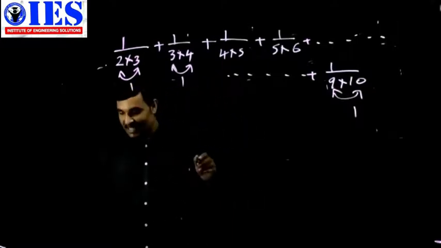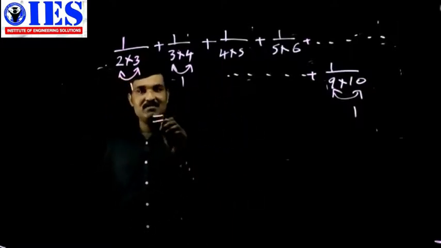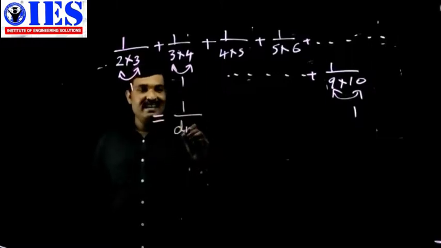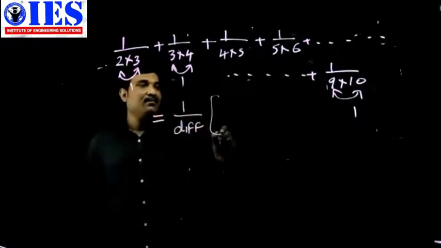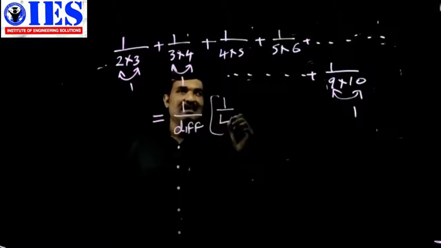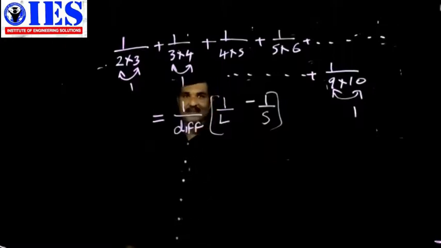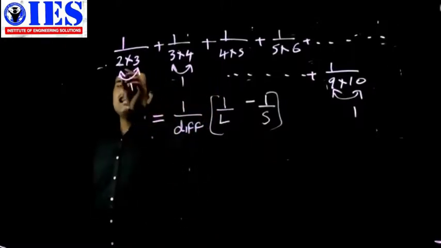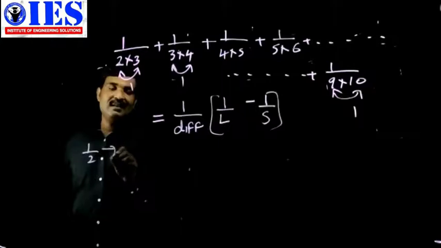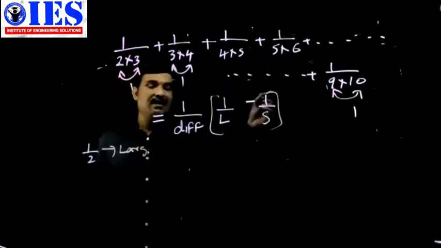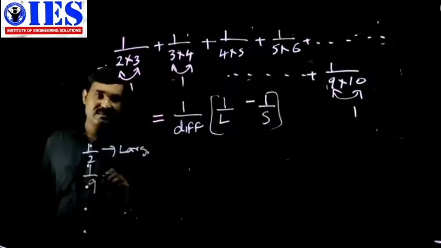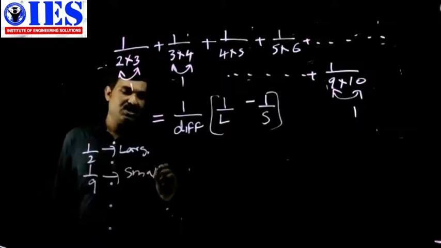Right. So in this problem, what is the solution? It becomes 1 by difference, times 1 by largest term minus 1 by smallest term. This is the formula for simplifying this type of problem. Now, here 1 by 2 is the largest term and 1 by 9 is the smallest term.